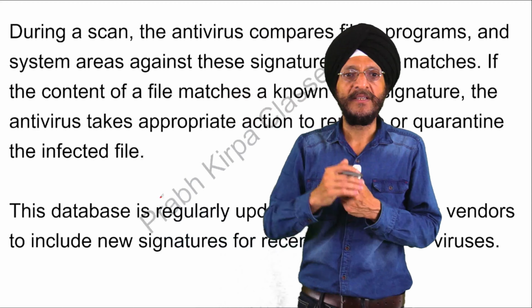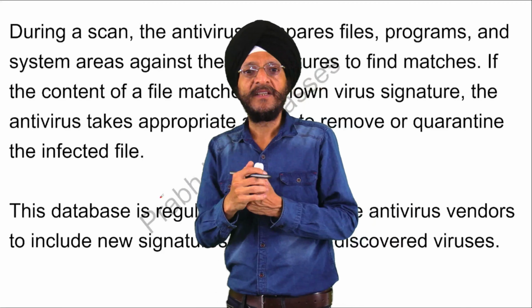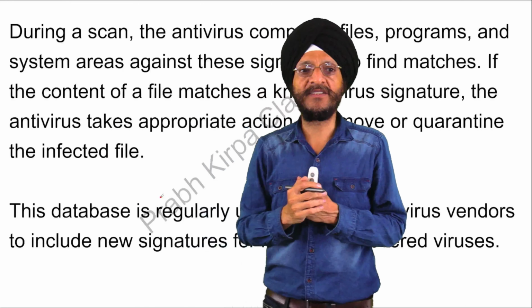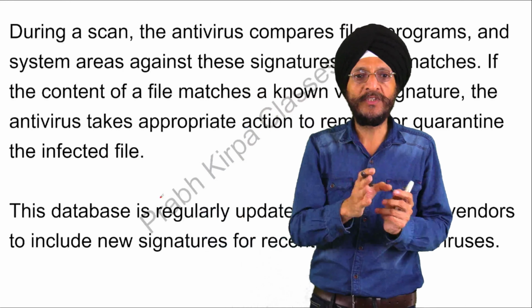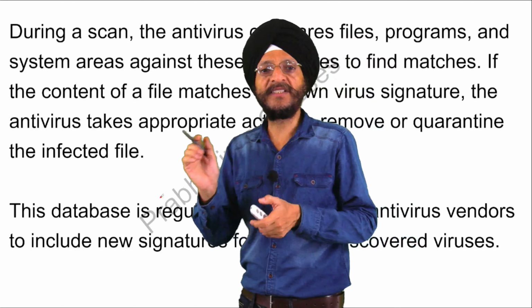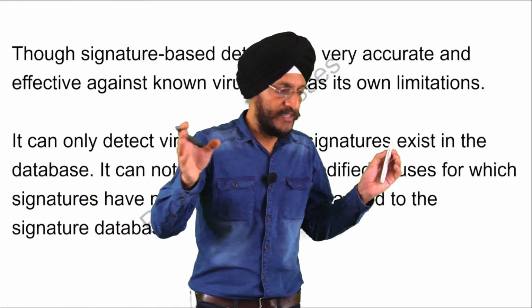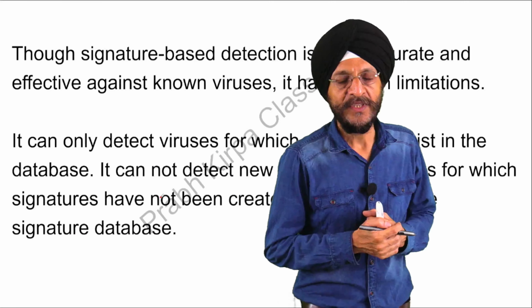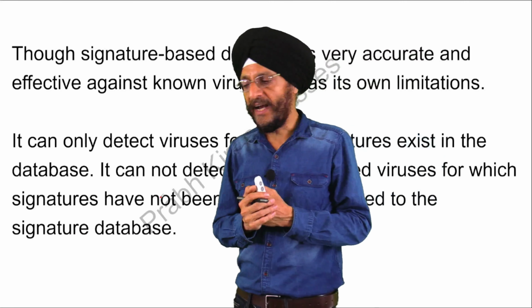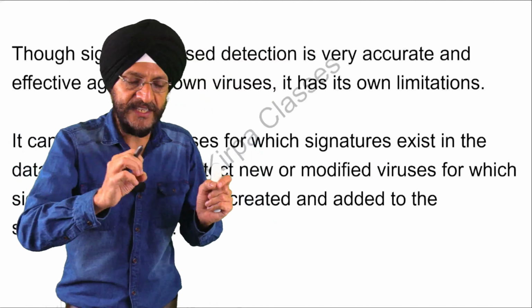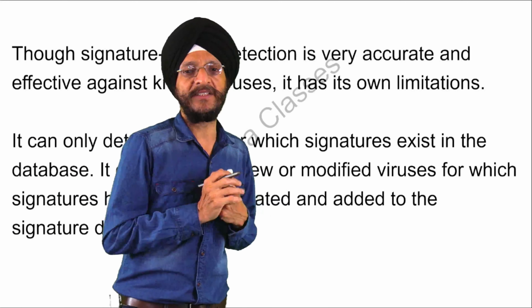The database of signatures is regularly updated by the antivirus vendors to include new signatures for recently discovered viruses. The signature-based detection is very accurate and effective, but it is effective only against the known viruses.